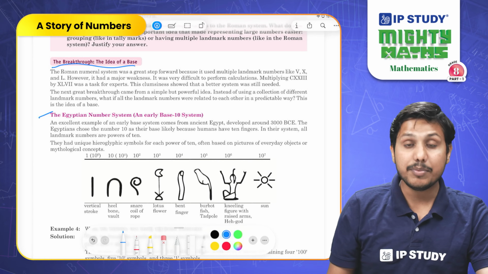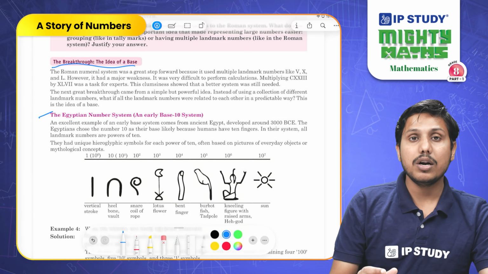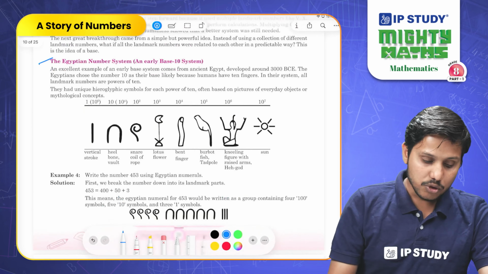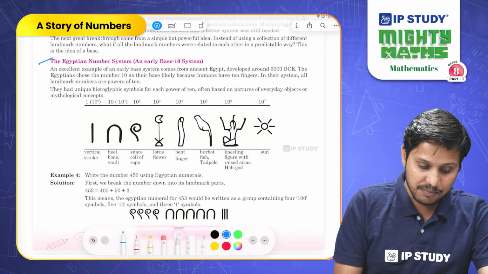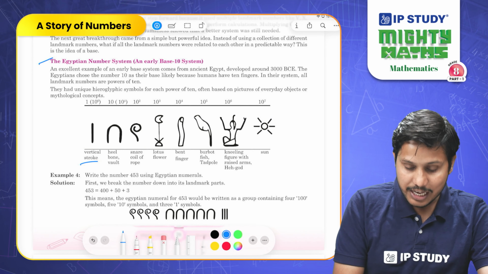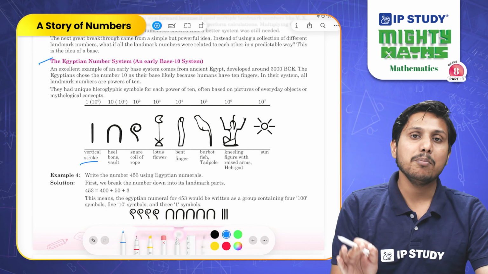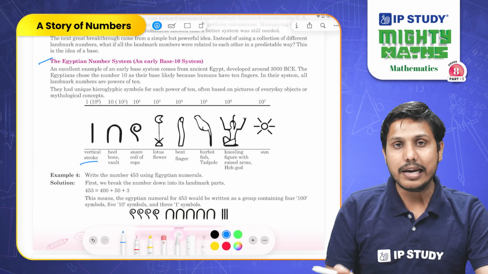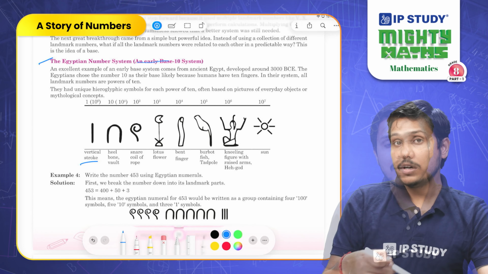One was the Egyptian number system, which was called the earliest base 10 system. Here all the symbols are based on powers of 10. Like we have some symbols, one is a vertical stroke, one is a heel bone, and each symbol is based on powers of 10. So it is called the first or earliest base system, and what is the base?